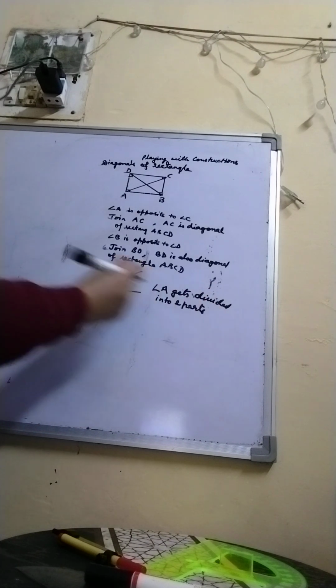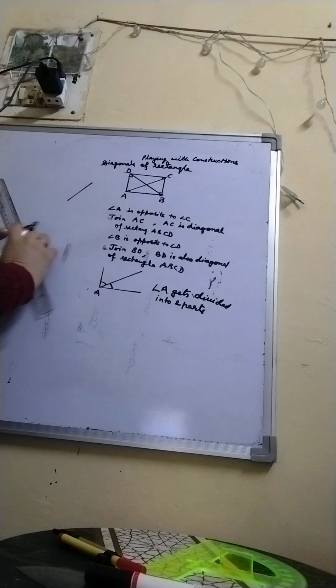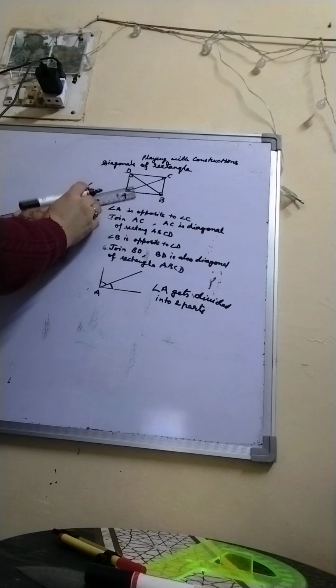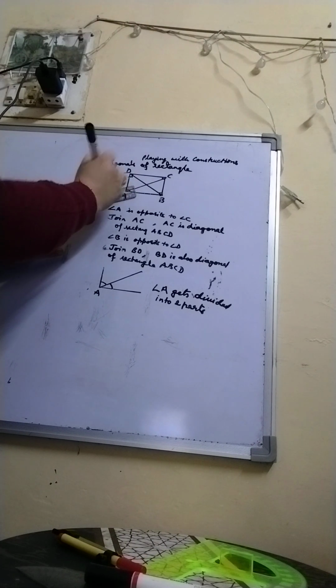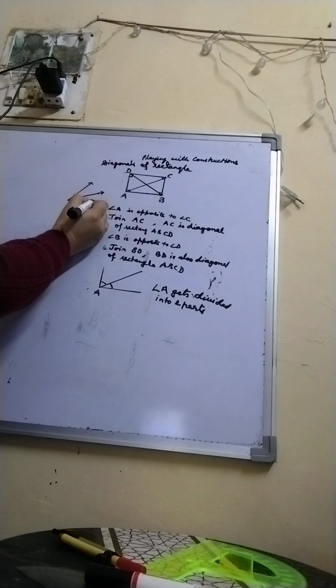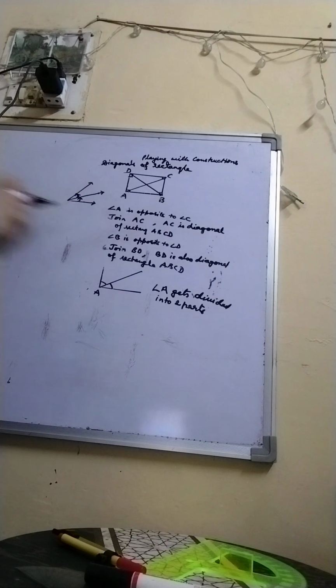This we have done. How is an angle divided? You make an angle and then draw another ray in between the angle. Then that ray divides the angle into two parts. This we had done, rotation like this. It is divided into two parts.